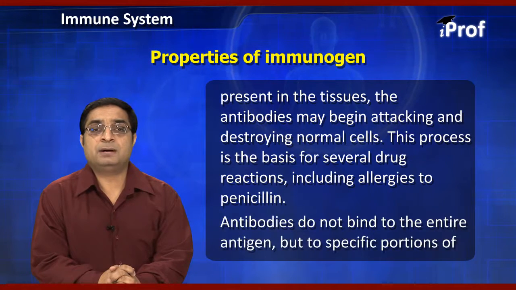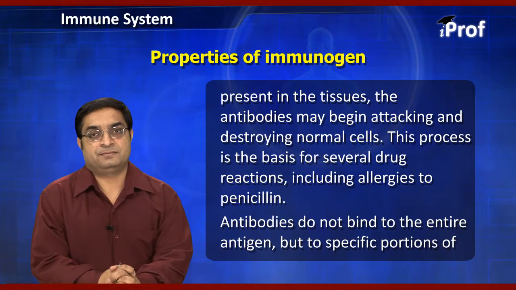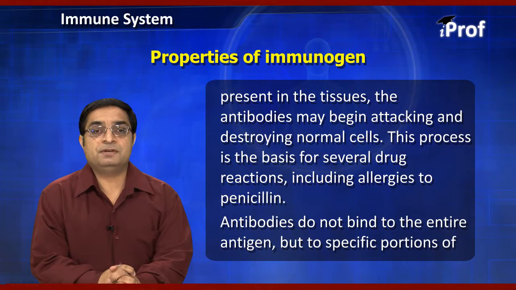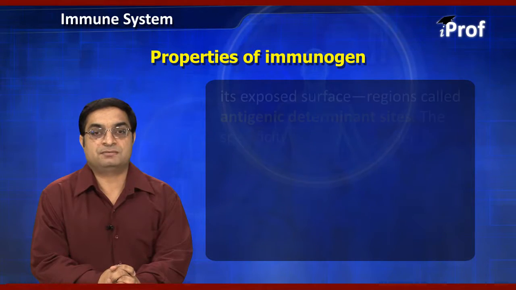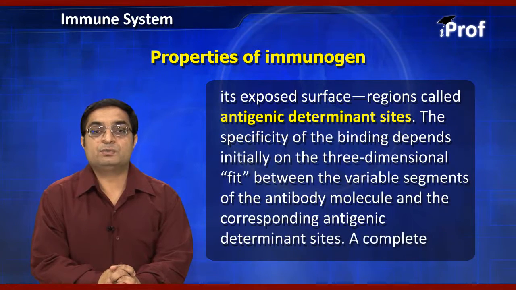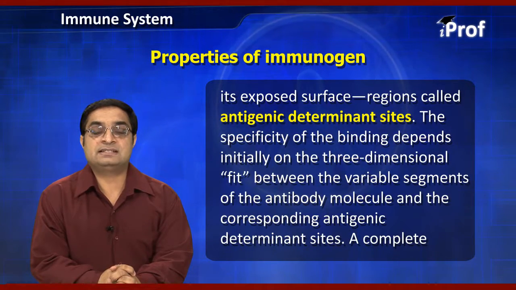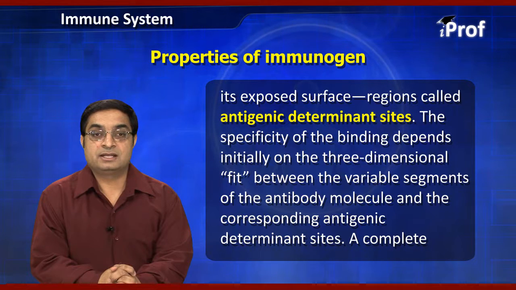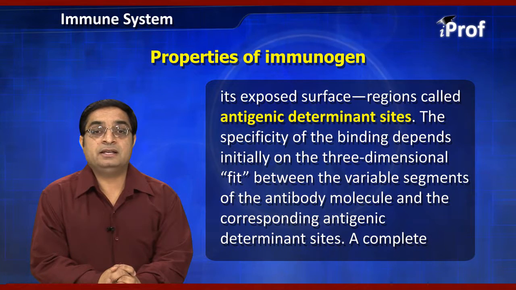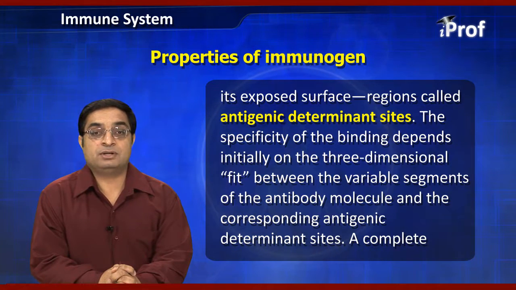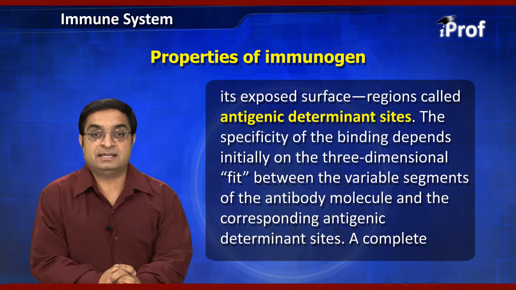Antibodies do not bind to the entire antigen, but to specific portions of its exposed surface, the regions which are called antigenic determinant sites. The specificity of the binding depends initially on the three-dimensional fit between the variable segments of the antibody molecule and the corresponding antigenic determinant site.